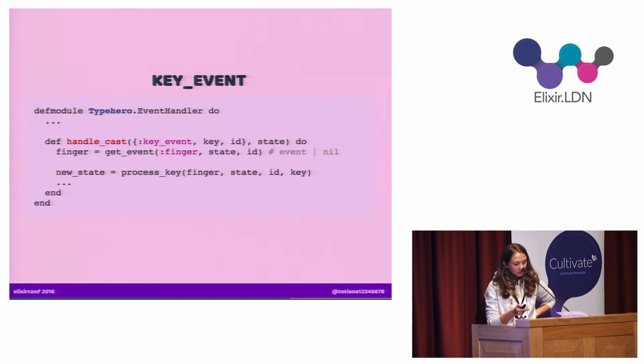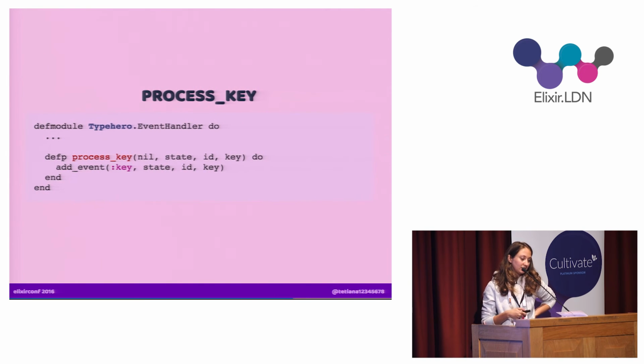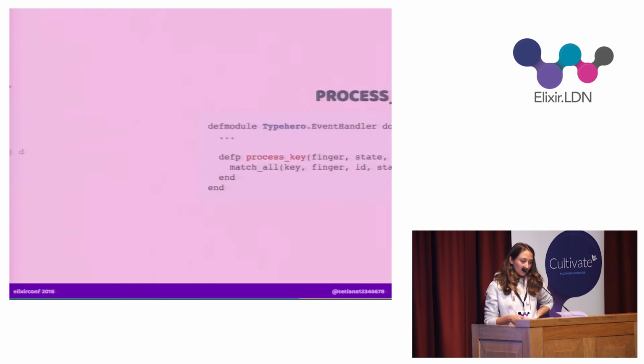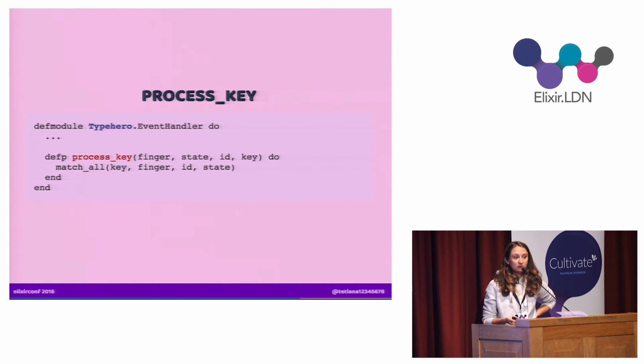So then we pass the event or nil, the result of this, to the process key function. And in the process key function, we are pattern matching on the result. So if we don't have that event in the map, then we just add it to the map, so it's there. If we do have an event, then we have to do our match.